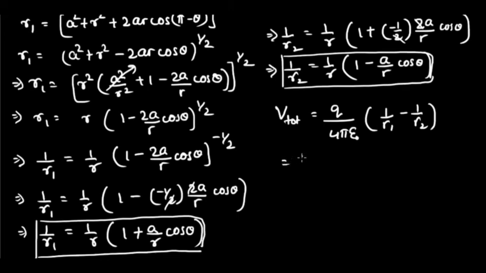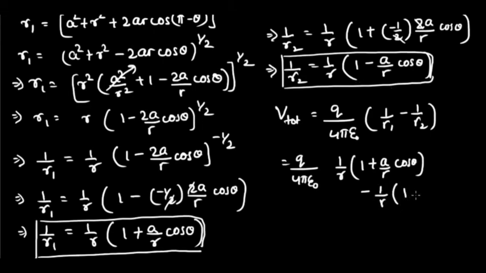So that is equal to Q by 4 pi epsilon naught. In place of 1 by R1, you can put this value 1 by R whole into 1 plus A by R cos theta, and then give a negative sign. And in place of 1 by R2, you can put this value. So it will be 1 by R whole into 1 minus A by R cos theta.